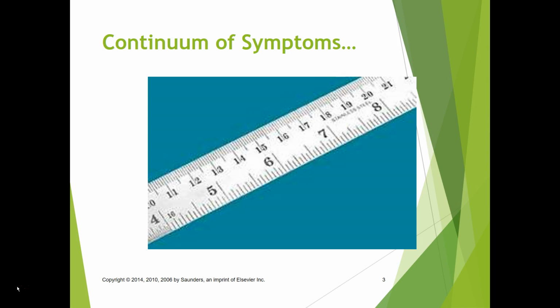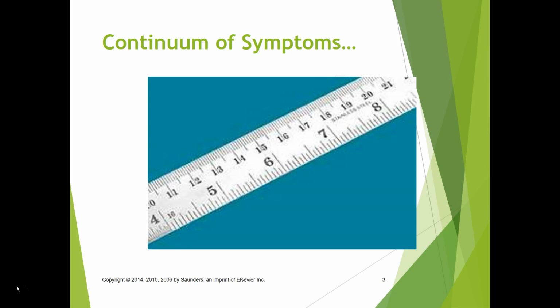In a nutshell, when we think about a continuum of symptoms, some symptoms can be very, very mild, on the lower end of the continuum, all the way to the higher end of the continuum, which is usually where we see diagnosable mental illnesses. But on any given day, any of us can be on any part of this continuum.